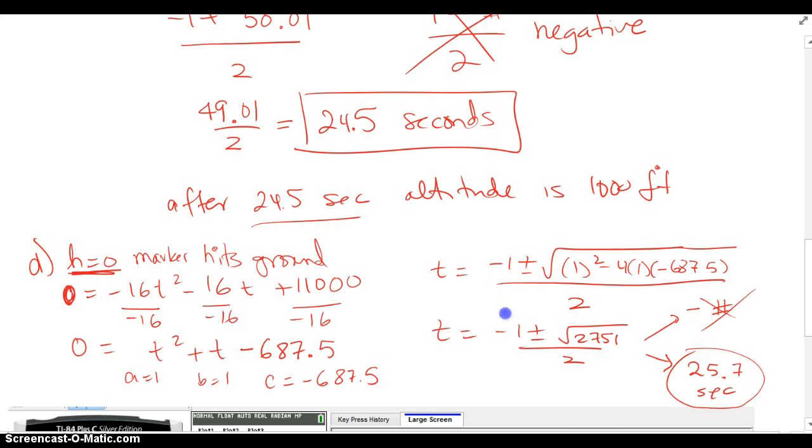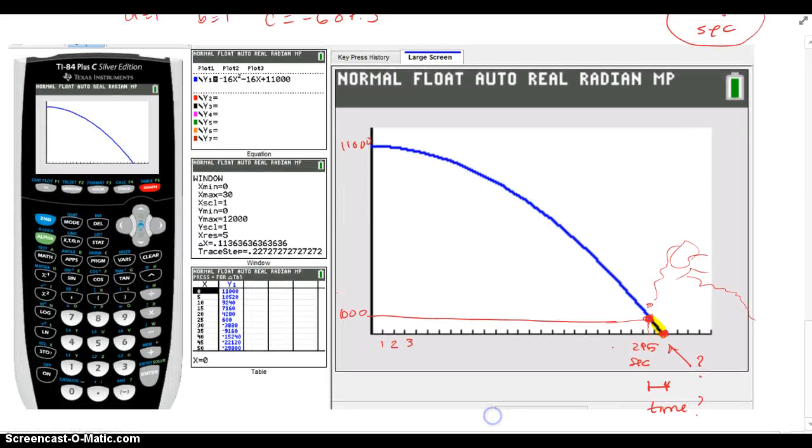25.7 seconds. So basically what happened, if we go back to our graph, at 24.5 seconds the marker was thrown, because that's when the skydiver was at 1,000 feet, and then 25.7 seconds exactly, if we just round, the marker is going to hit the ground.